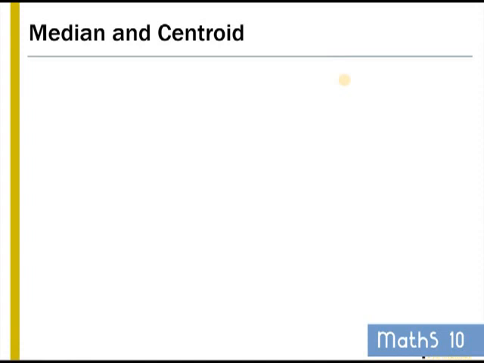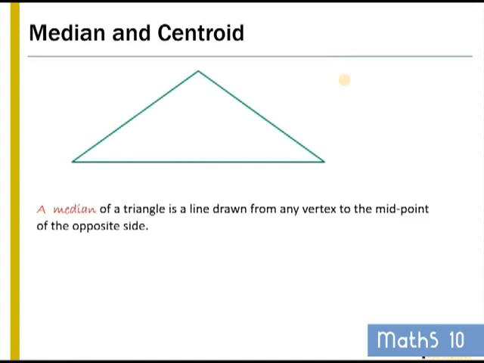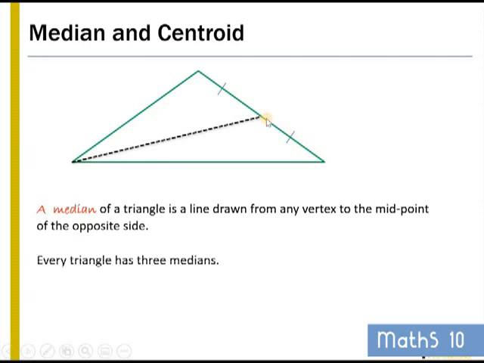Median and centroid. A median of a triangle is a line drawn from any vertex to the midpoint of the opposite side. So this line here starts at the vertex and meets the opposite side exactly halfway along at the midpoint. So this side and this side have exactly the same length.